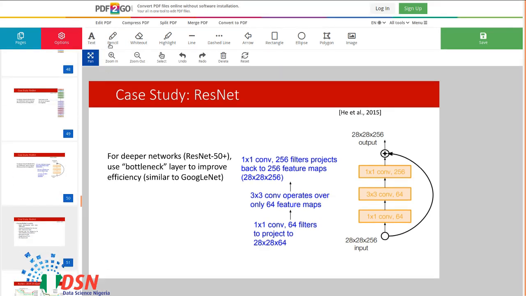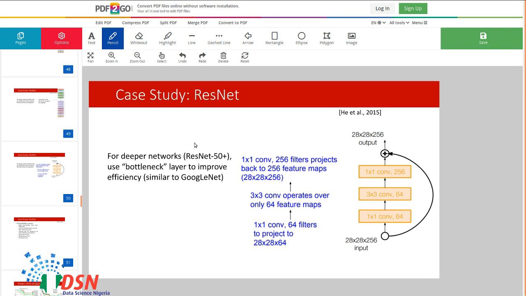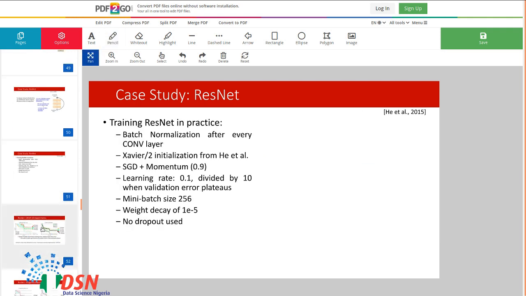Also, there are some versions of ResNet that worked on improvement of the ResNet architecture by using one-by-one convolutions or bottlenecks to reduce the number of channels. And as you could see here, these are the properties that ResNet was trained with.